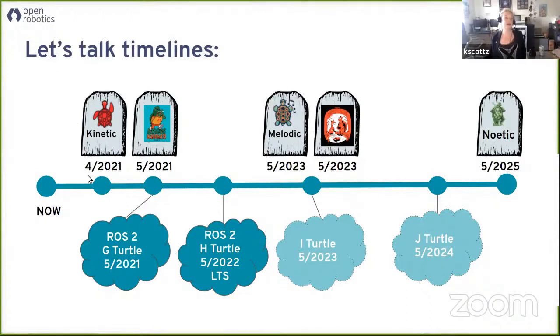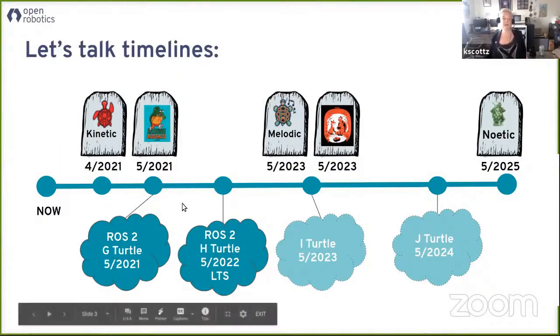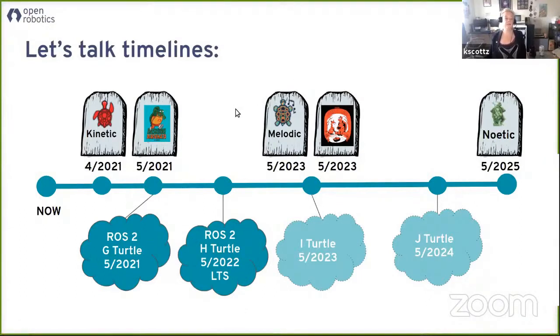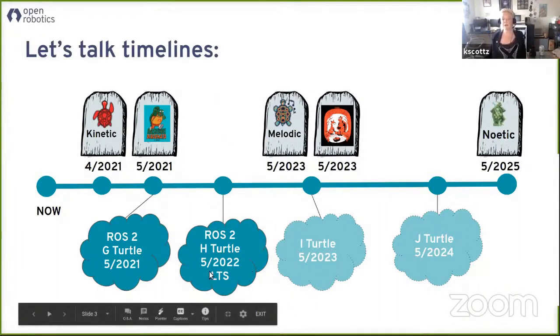ROS1 Kinetic will basically be done in April. And then in May, Dashing is going to go end of life. And then sort of concurrently, we'll be releasing ROS2 G-Turtle, which is not an LTS ROS2 version. And approximately 5/2022 will be the next big ROS2 LTS.